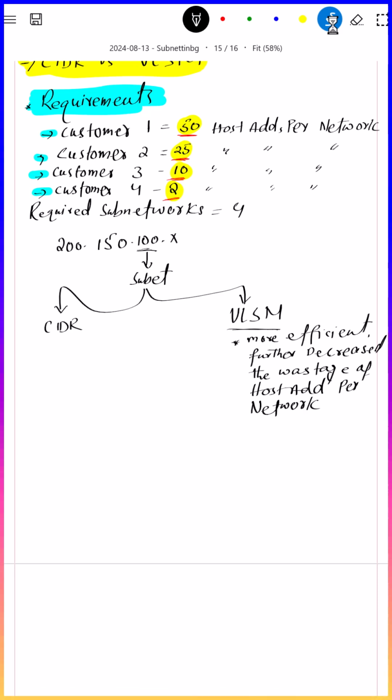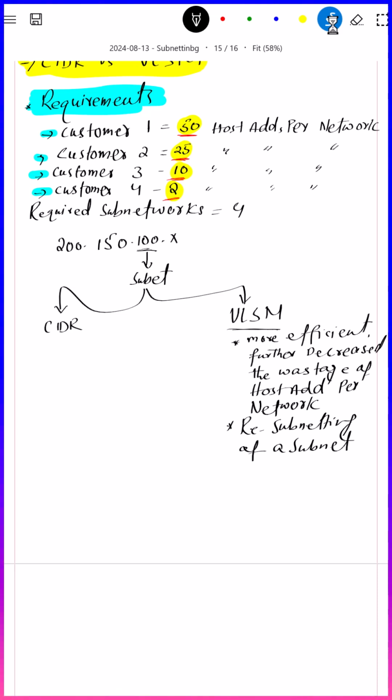How does it support this? Because VLSM supports resubnetting of a subnet.